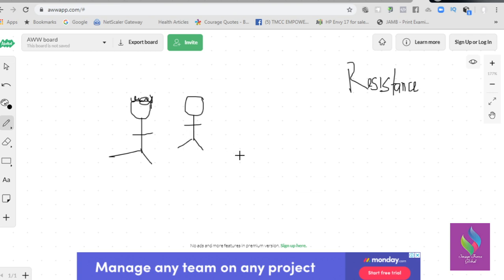Now anything above you is resistance, and anything below you is what? Is resistance. Anything that you find above you is a kind of support. You have supports below you, that is, you're sitting on it.